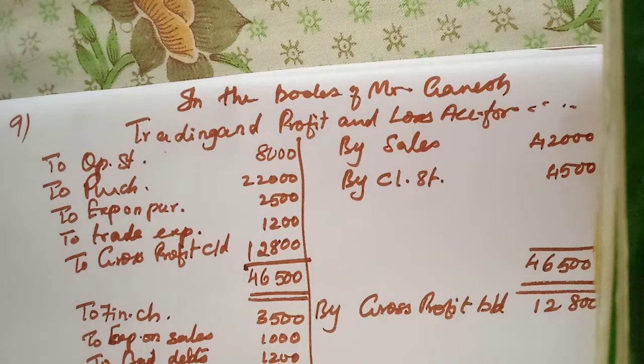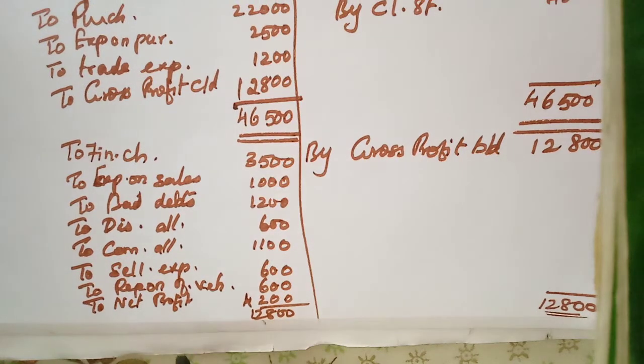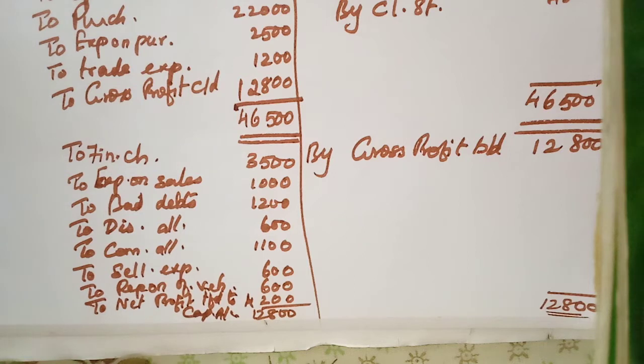Net profit, correct, 4,200. To net profit, sorry, not able to see, isn't it? Net profit transferred to capital account. Okay, 4,200.